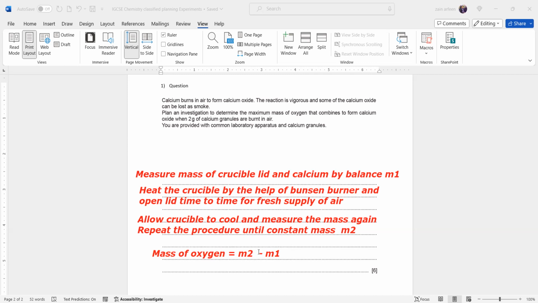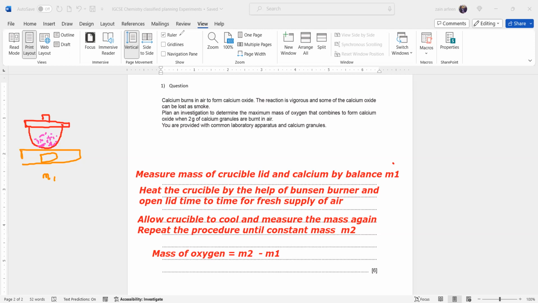Is it clear, this one? M1 means the first mass, where we had a crucible with a lid and calcium inside. It can be any number, because you're not supposed to write the number, you're writing the variable. You place it on the balance, and you call this first mass M1.